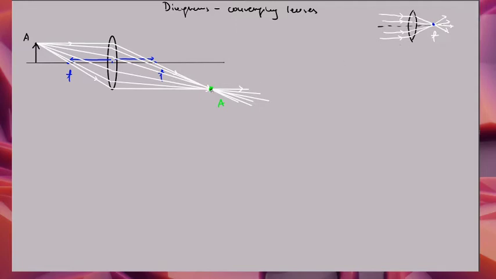Even though this is point A right here, the arrow itself would be reconstructed like this. So if I were to put point B here and point C here, then point B would end up at this location and point C would end up at this location, and I would have an inverted image.